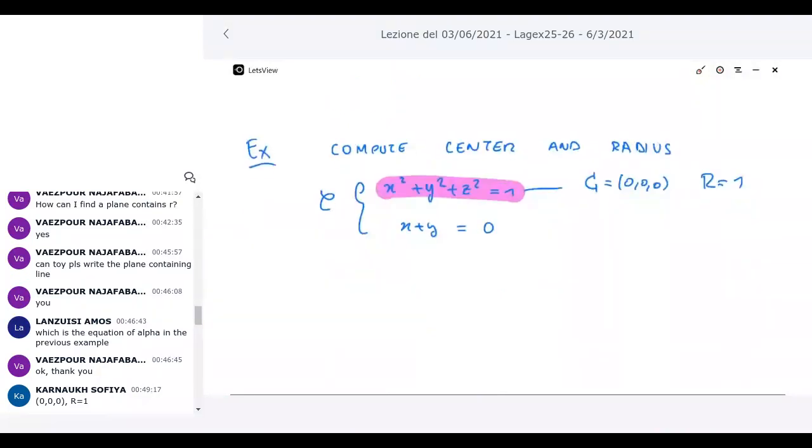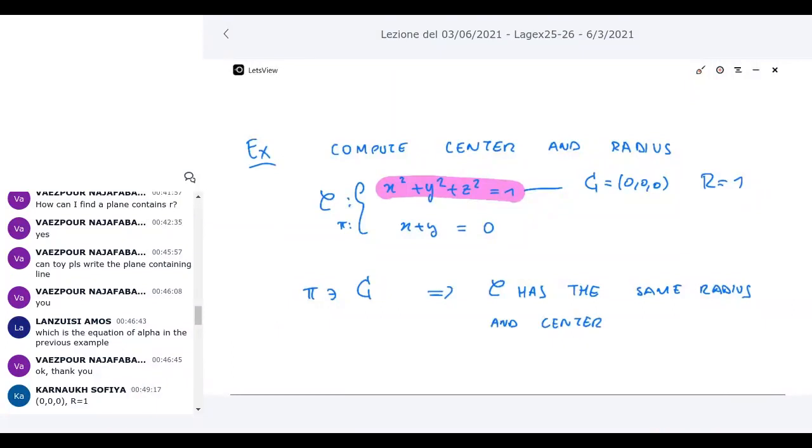And then we just note that the plane pi contains the center of the sphere. This means the circle C has the same radius and center. This is always going to be true.